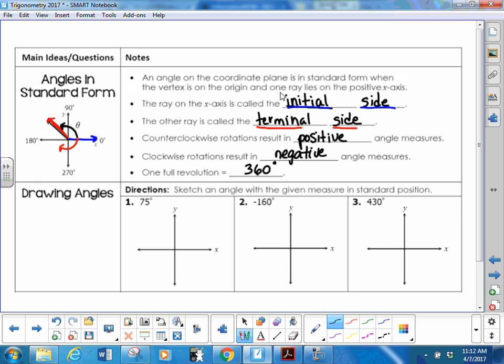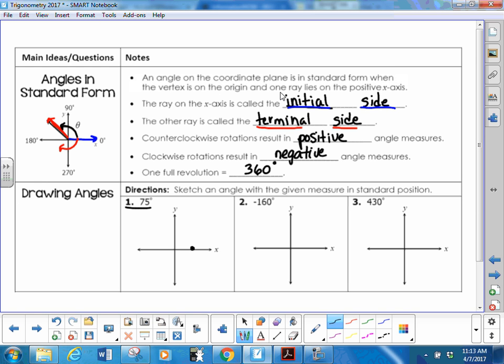Now, reference angles, or actually drawing angles. We're going to sketch an angle. Start off, we're going to sketch a 75-degree angle. So remember, we start on the positive x-axis, so we're starting, let's just say right there, okay? And we need to rotate counterclockwise 75 degrees.